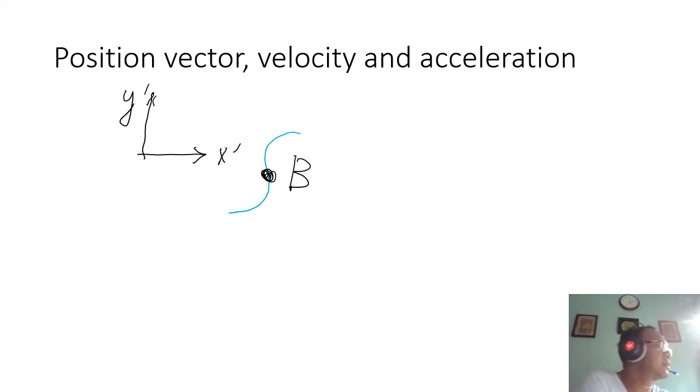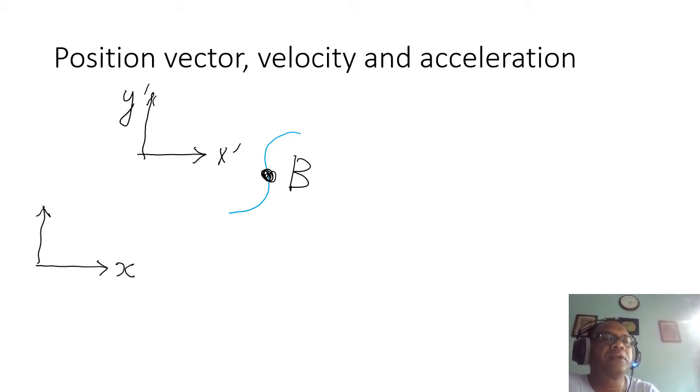This is the translating axis, and we have a fixed axis, which is the fixed observer. Let's call that x and y. This is a fixed one. Let's call the origin for the fixed axis O, and the origin of the translating axis A.